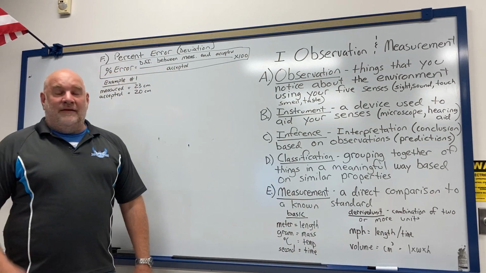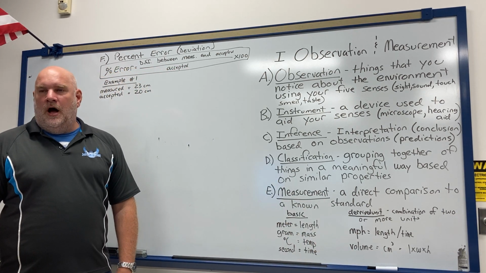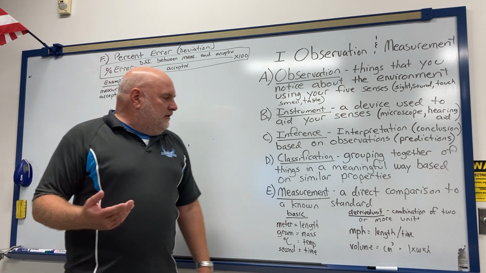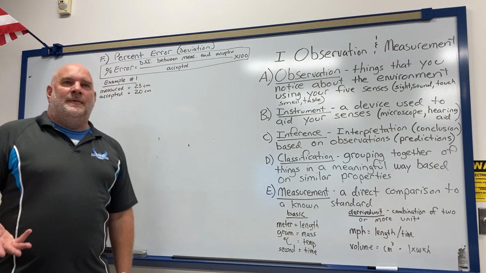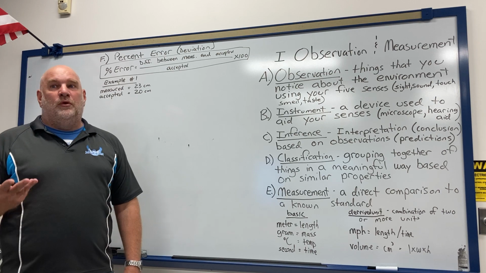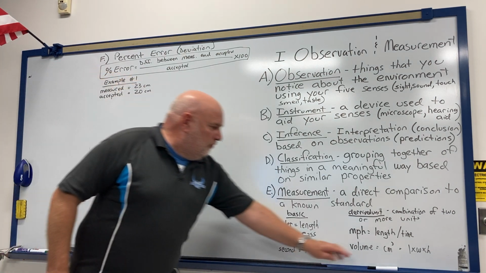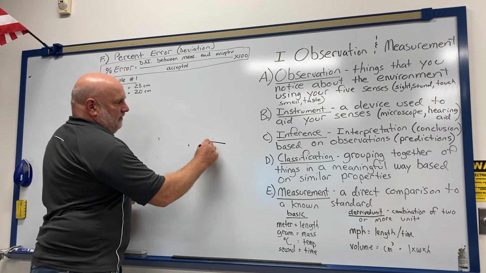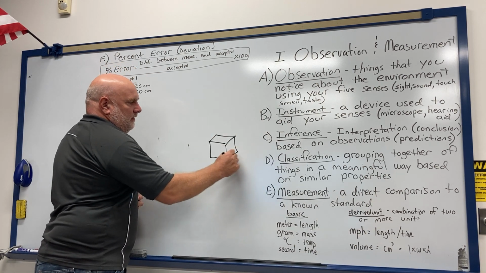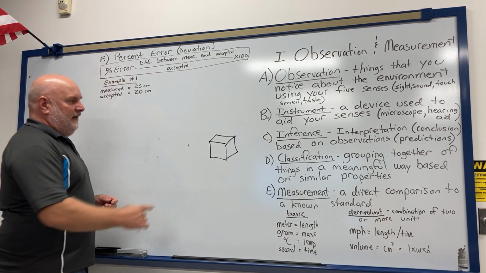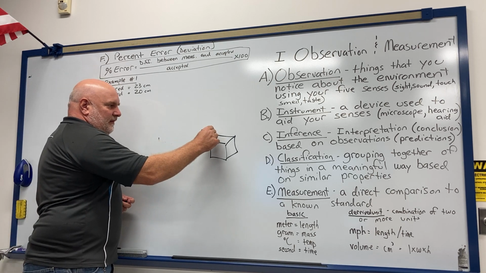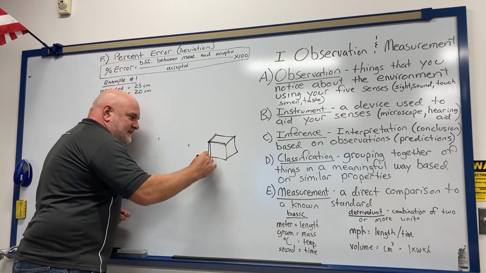Another example of a derived unit would be volume. If you think about volume, the metric unit for that is cubic centimeters. If you think about what that really means, a cube has three sides to it. It's basically this length, and this length.